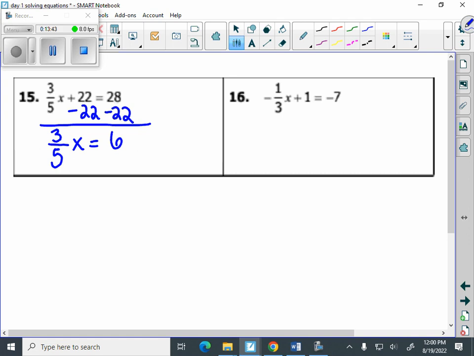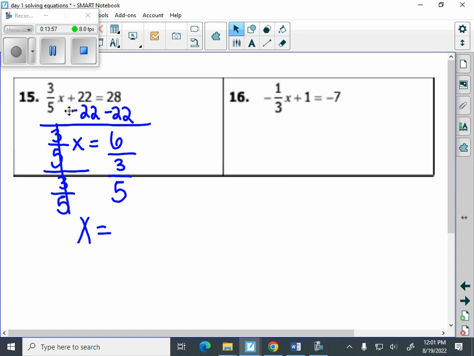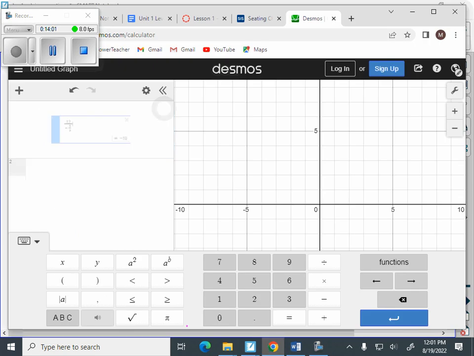Both methods are good, but we can divide by 3/5. The 3/5 cancel out, so we're going to type into Desmos x equals 6 divided by 3/5. 6 divided by 3/5, and we end up with 10.